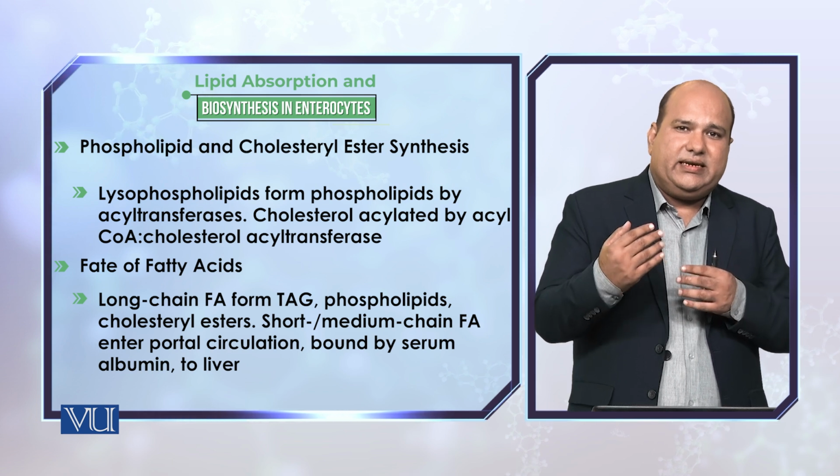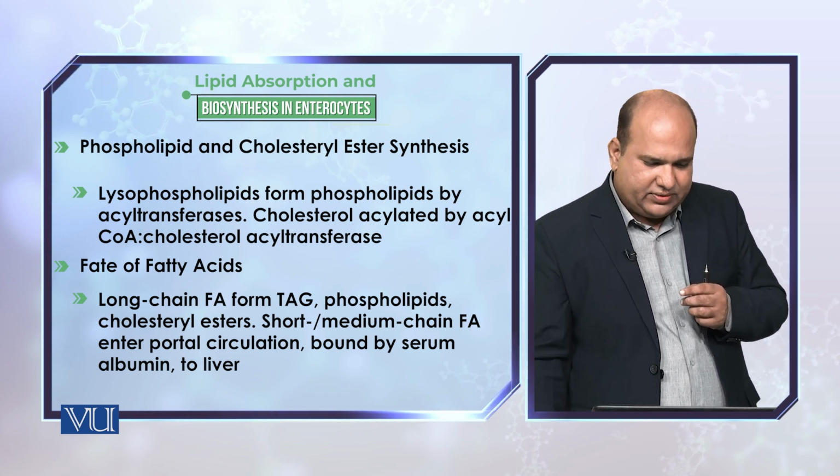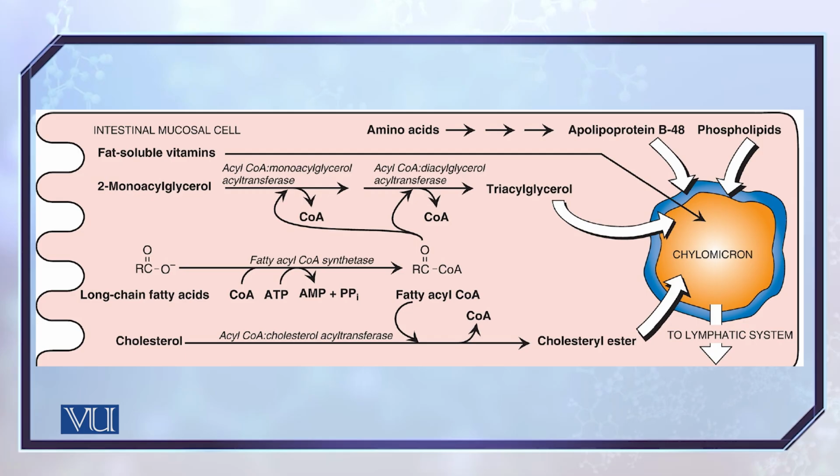catabolism in the liver. So as I have been saying again and again, the major constituents of these different lipid molecules, for instance the constituent of the triglycerides, that is 2-monoacylglycerol, is converted again into triacylglycerol because of the action of the acyltransferase enzyme.